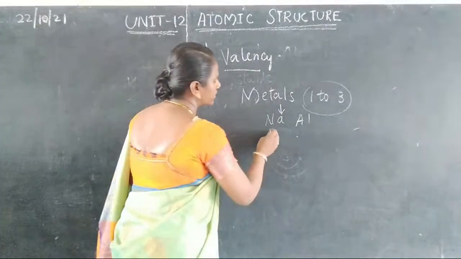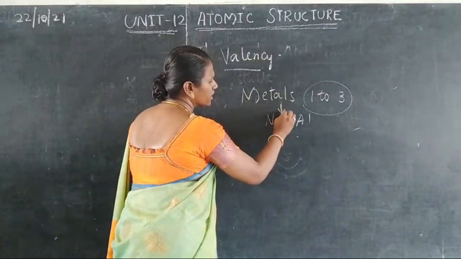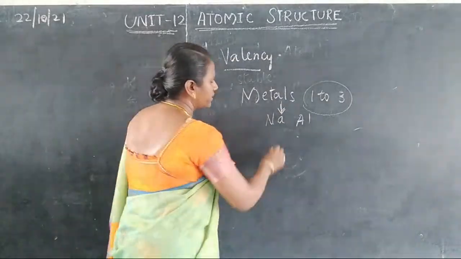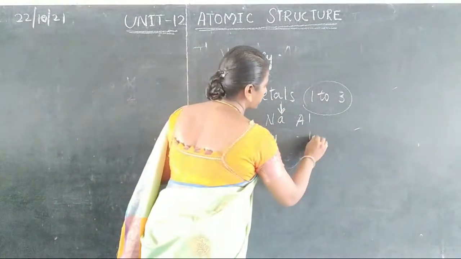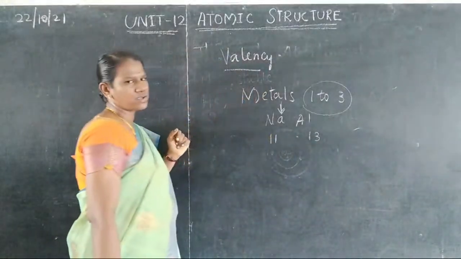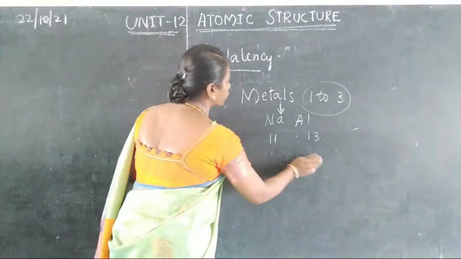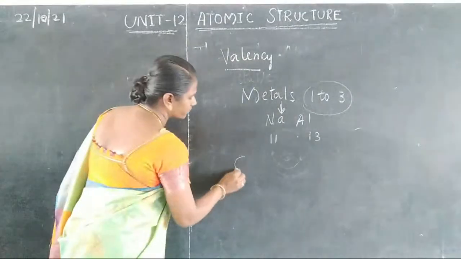And what is the atomic number of sodium? It is 11. And aluminum is 13. And what about the electronic configurations? Look here.